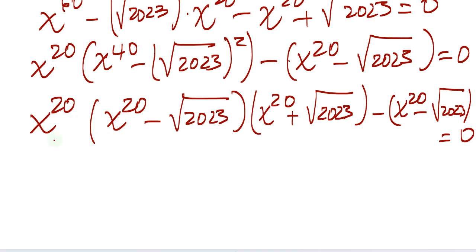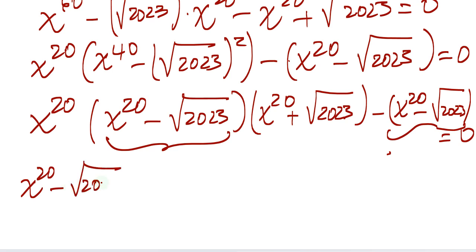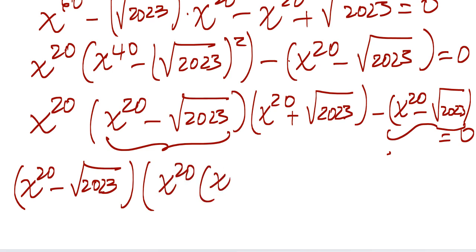From here, I'm gonna factor out these two here, right? So we're gonna have x to the 20 minus square root of 2023, which will multiply x to the 20 plus square root of 2023, and then minus 1, right?